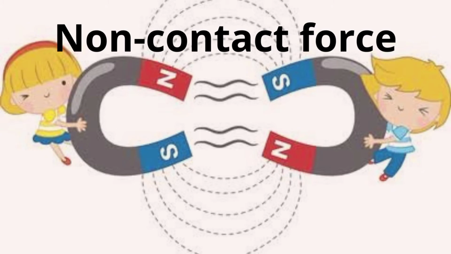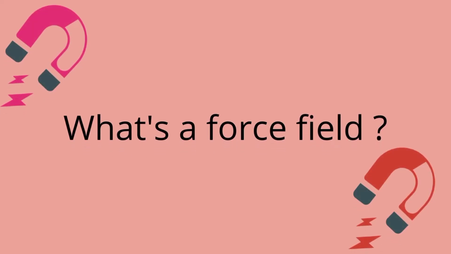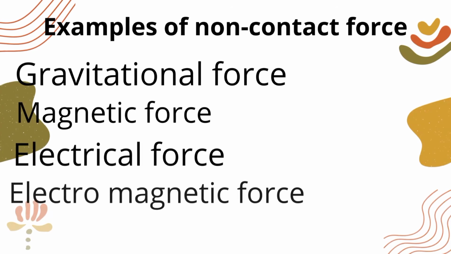These forces do not require contact with the object on which they are acting. They usually have a force field. So that brings us to what is a force field? A force field is that area, region, or space within which the effect of force is felt.